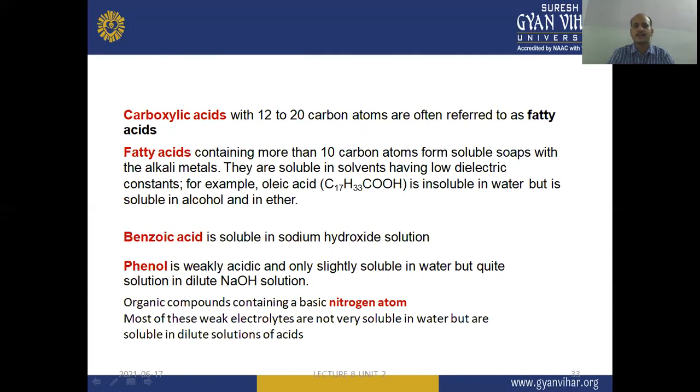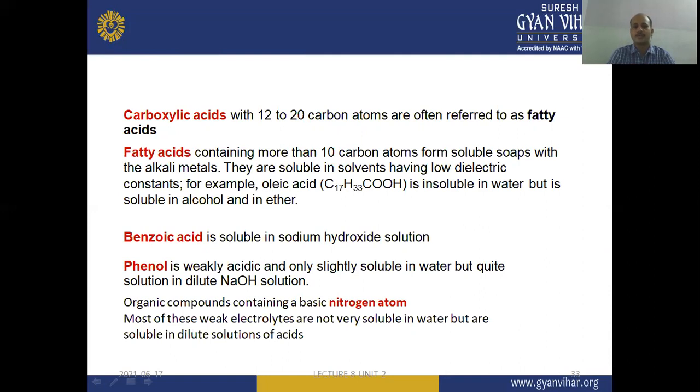Oleic acid, for example, is insoluble in water, but it is soluble in alcohol and other solvents like ether. Benzoic acid is soluble in sodium hydroxide solution. Phenol, which is a weakly acidic drug, is only slightly soluble in water but quite soluble in dilute sodium hydroxide solution.